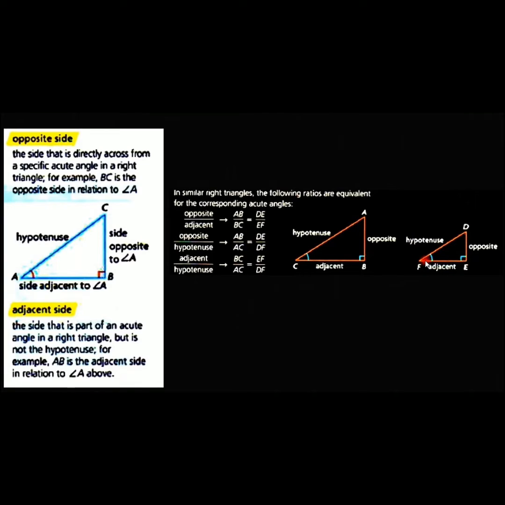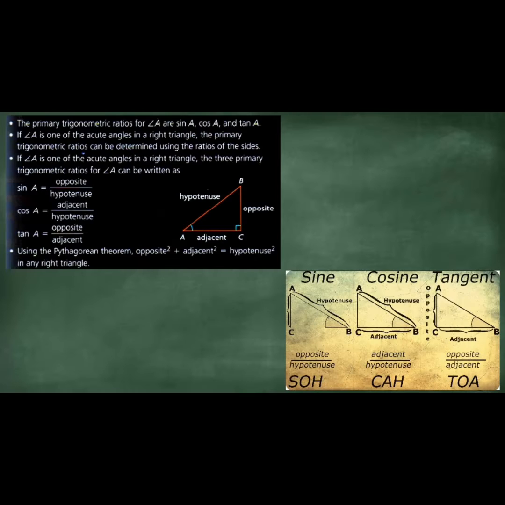These equivalent ratios should be equal. And adjacent over hypotenuse, BC over AC, equals EF over DF. So these are the equivalent ratios for the corresponding acute angles.